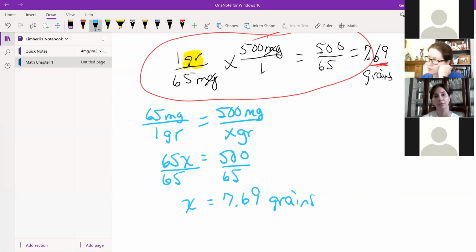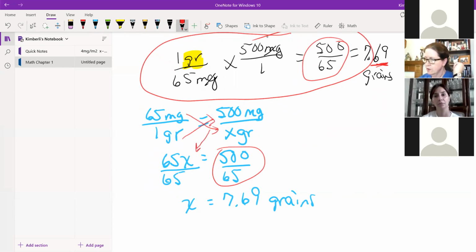Okay, so you see the 500 over 65 here? That's exactly the same thing as this, right? So all I'm doing is taking one of them and flipping them over and multiplying. Because here what we're doing is we're cross multiplying, right, to get 65x, and cross multiplying 1 to 500 to get 500.